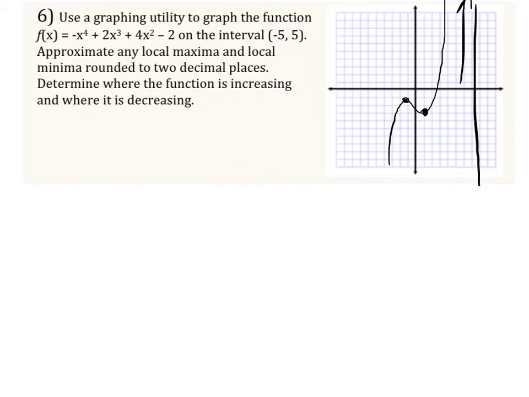Alright, so second calc, max, left bound, right bound. So this guy is, I got -0.85, comma, -0.86. So we got that guy.